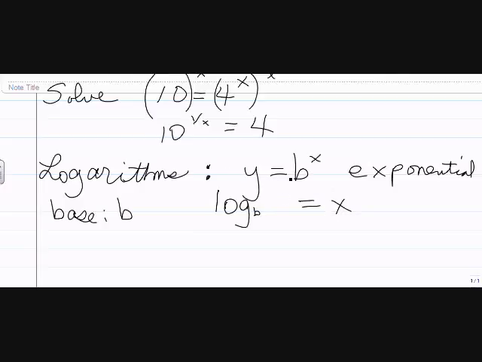But I got one more number in here, and that's the y. So I rewrite this exponential equation. It's rewritten the same way as log base b of y equals x. And so this is in logarithm form.